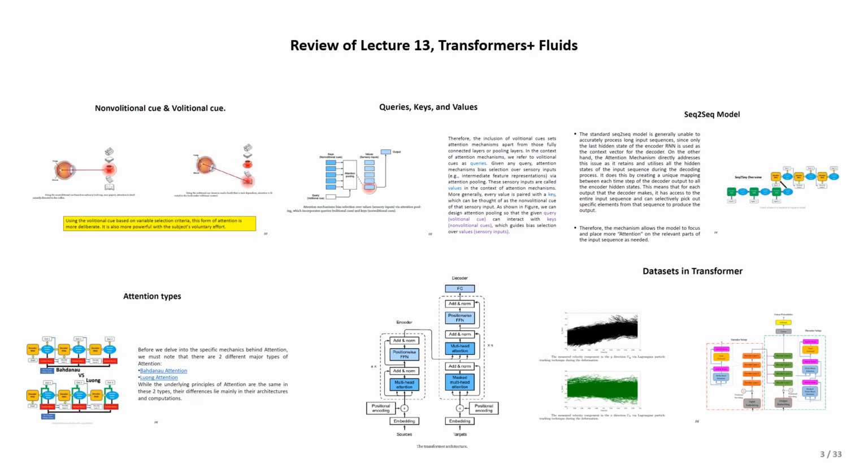We determined the queries, keys, and values in the attention mechanism and how they are related to the cues. Then we presented two types of attention mechanism, Bahdanau and Luong attention, and we had a very brief view on the architecture of these two models.